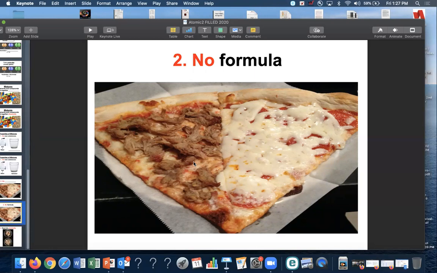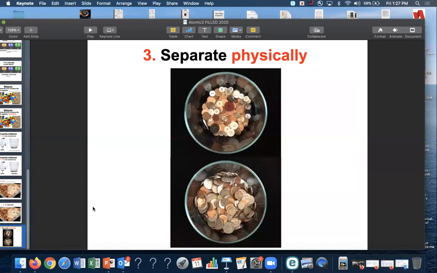It's not like there's only one way to do it and that's it. And then the last little one, which we've touched on before, you separate them physically because they're combined physically. It's not at the atomic level. It's just a physical combination where you can separate them much more easily.